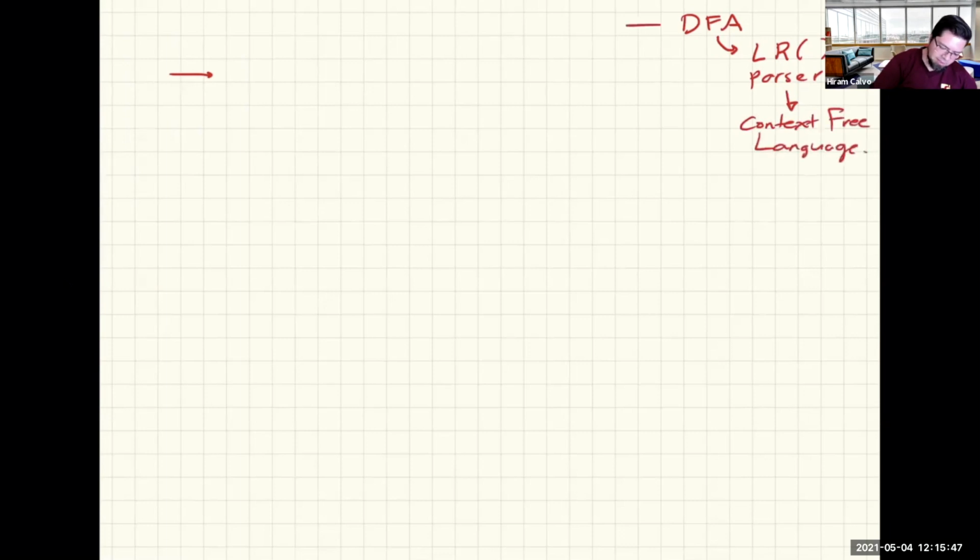So perhaps you will see a bit of confusion here because a DFA is used to analyze a regular language. So because we will be building a DFA, you can say, how come you are using a DFA to parse a context-free language?